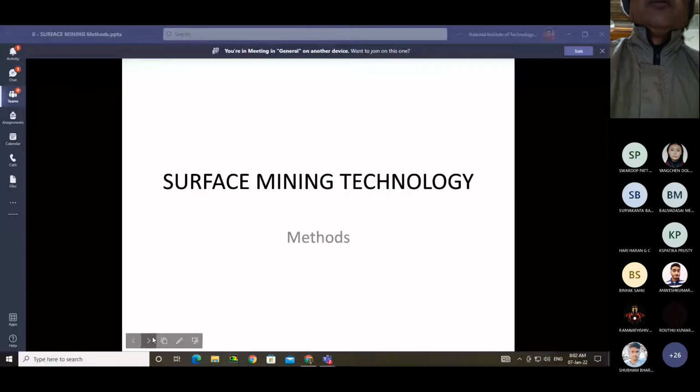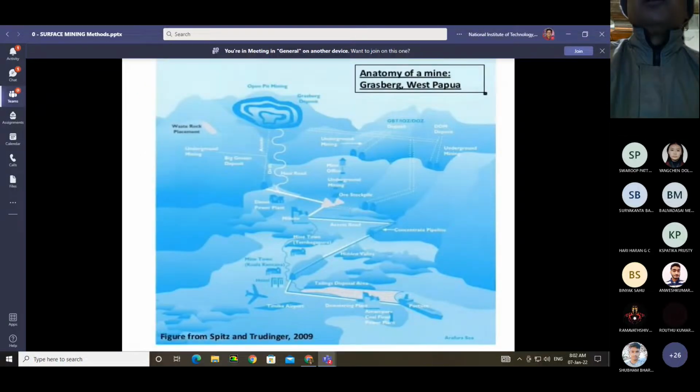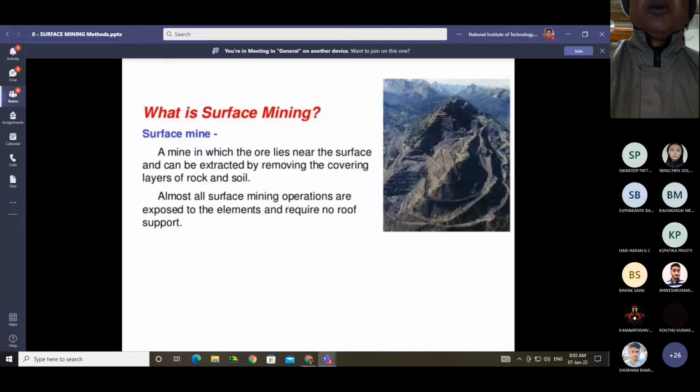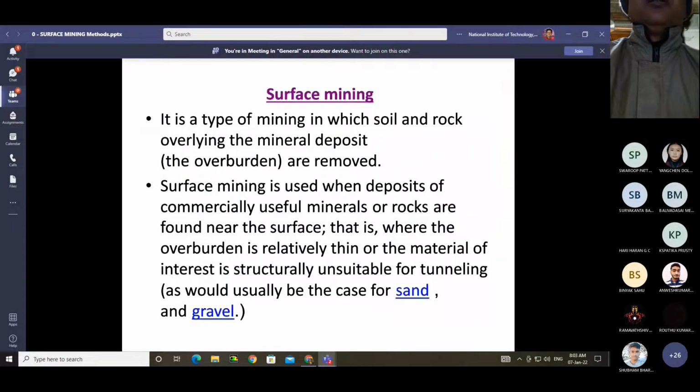About this topic we have discussed the objectives and the layout of the anatomy of a mine, choice of mining method, and choice of mineral processing methods. What is a surface mine? What is the history of surface mining? And the surface mining operations were discussed in the previous class.